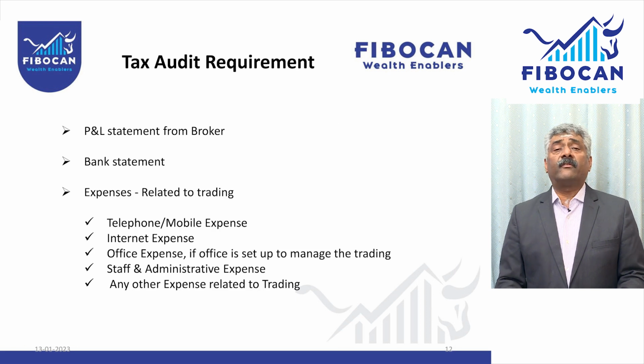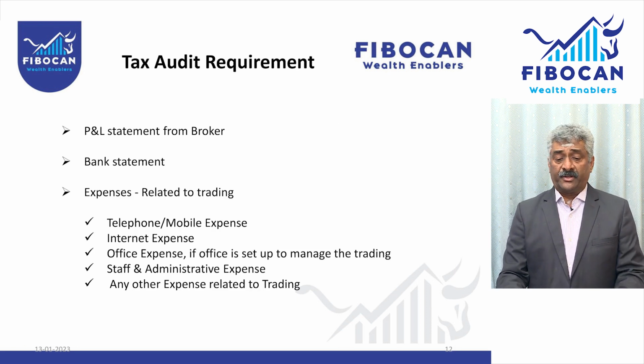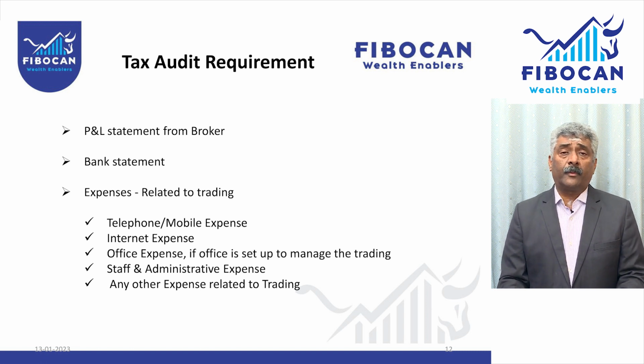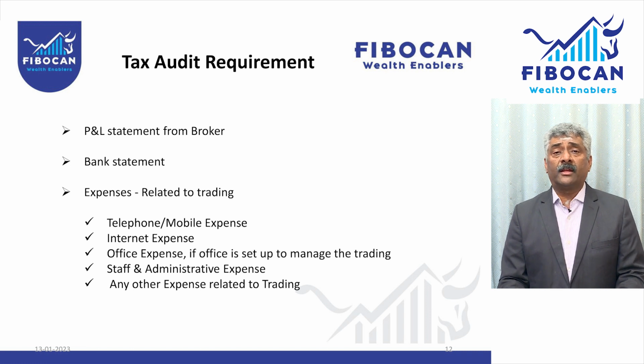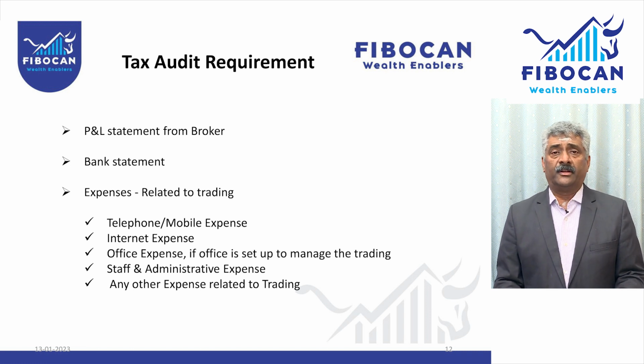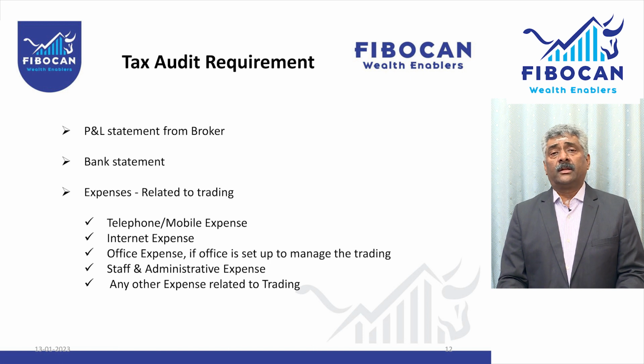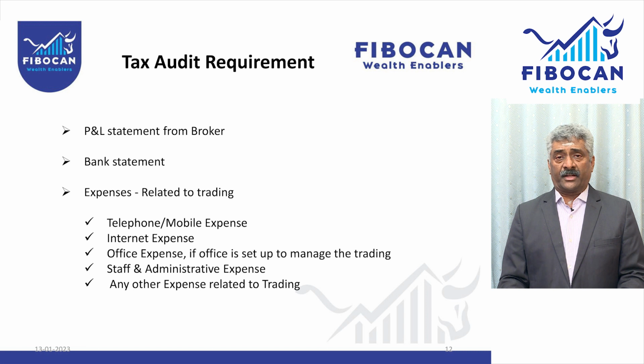So now let's see what is required for tax audit. If you want to avoid tax audit, you have to be under presumptive tax, 44AD. You declare 6% as your profit on the turnover basis, declare straight away 6%. It is called presumptive tax.